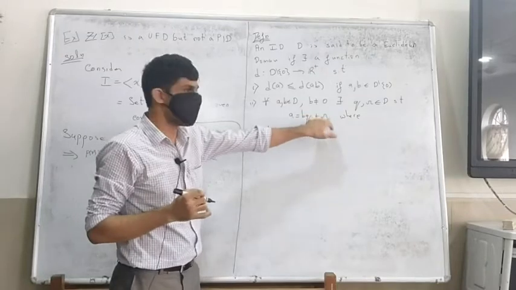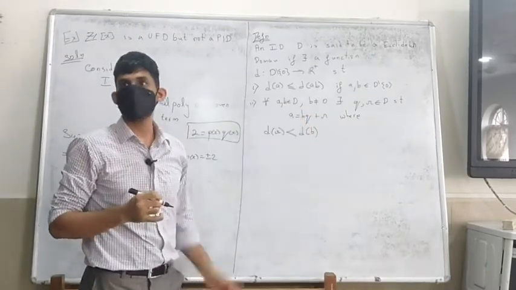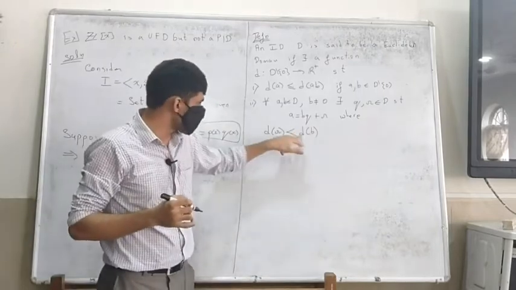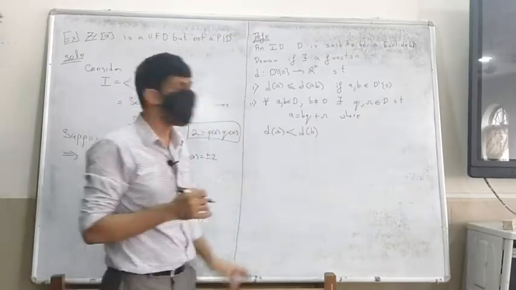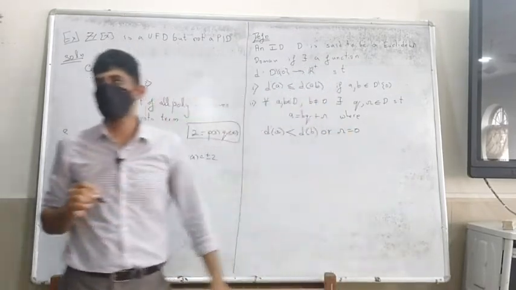The d of the remainder should be less than the d of the divisor, just like the degree in F[x], or r is 0 itself, one of the two things. Uniqueness is not required.